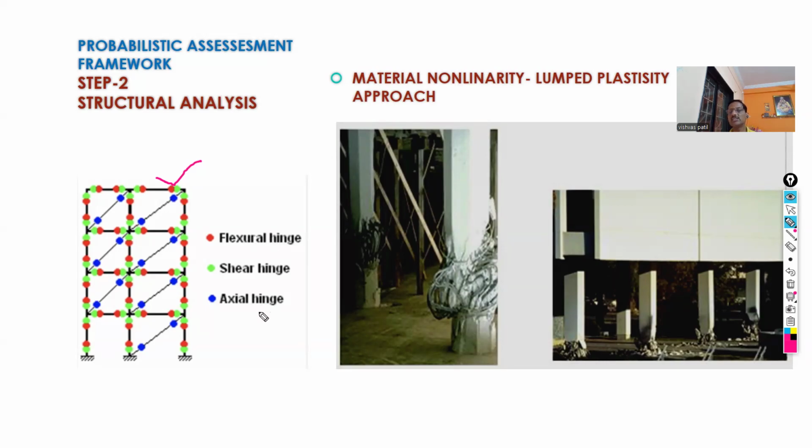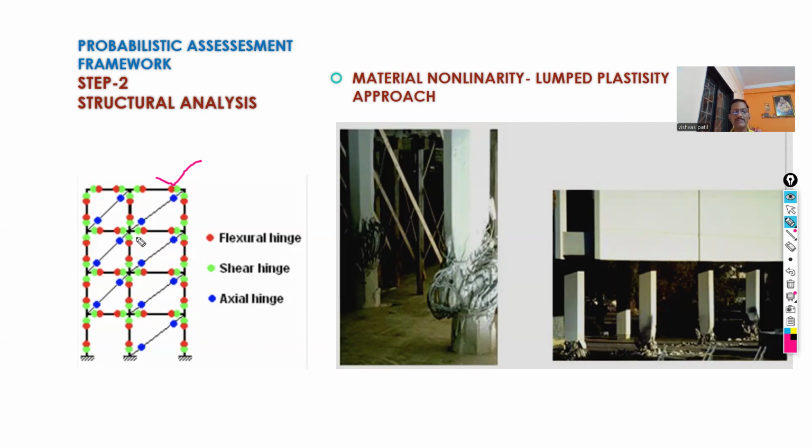There are three types: flexural hinge, shear hinge, and axial hinge. A flexural hinge addresses flexural failure in the member, a shear hinge addresses shear failure, and an axial hinge addresses axial failure in the structure.